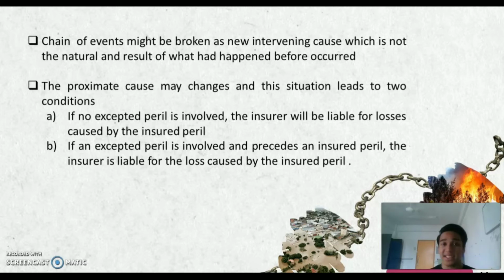So when this happens, it will lead to two conditions. The first condition: if in that situation no excepted peril is involved, the insurer will be liable for loss caused by the insured peril. However, if an excepted peril is involved and it happened before the insured peril, the insurer is also liable, but only for loss caused by the insured peril, not for the excepted peril.